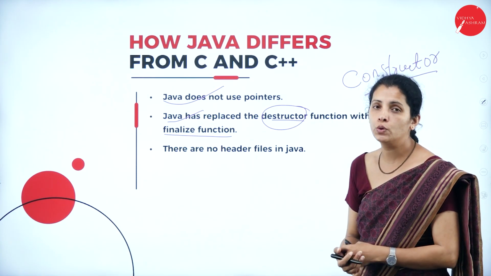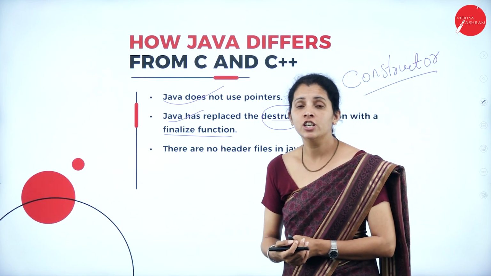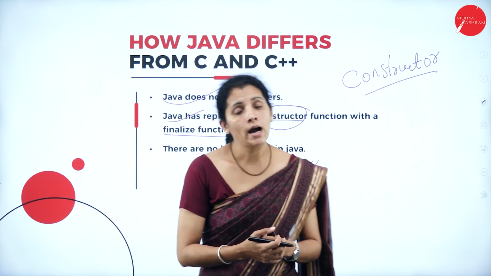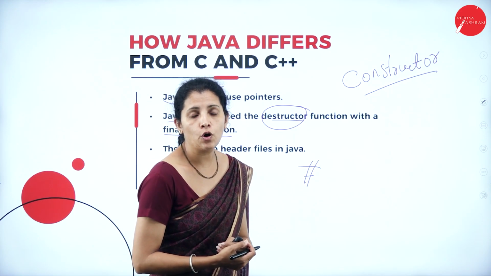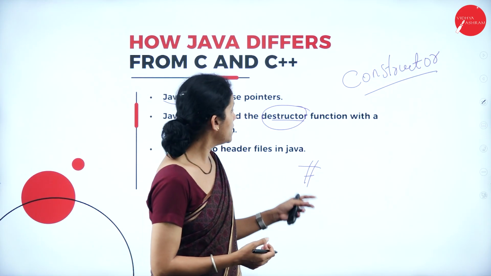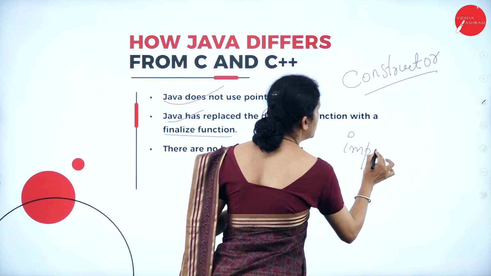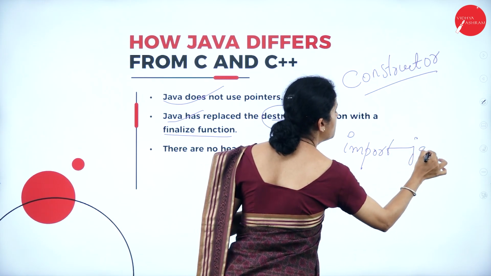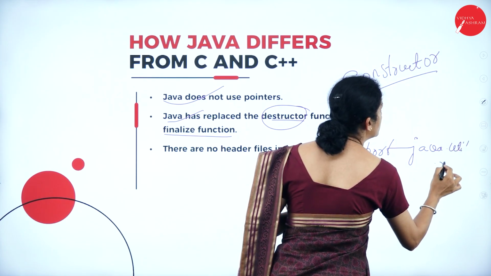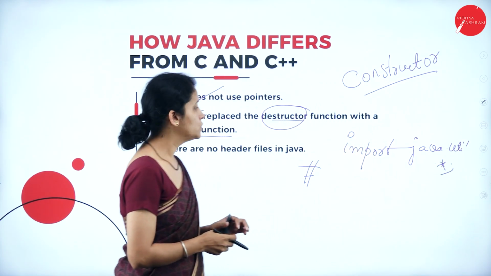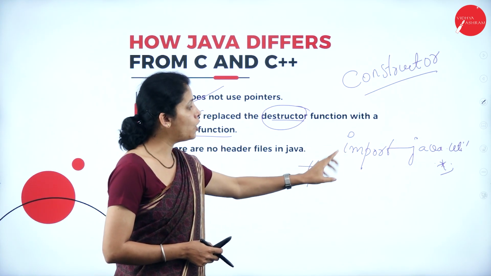That means I am not going to write hash include stdio.h or hash include iostream.h or hash include conio.h, etc. Here I use import java.util.*; so instead of a header file, I use the import statement.